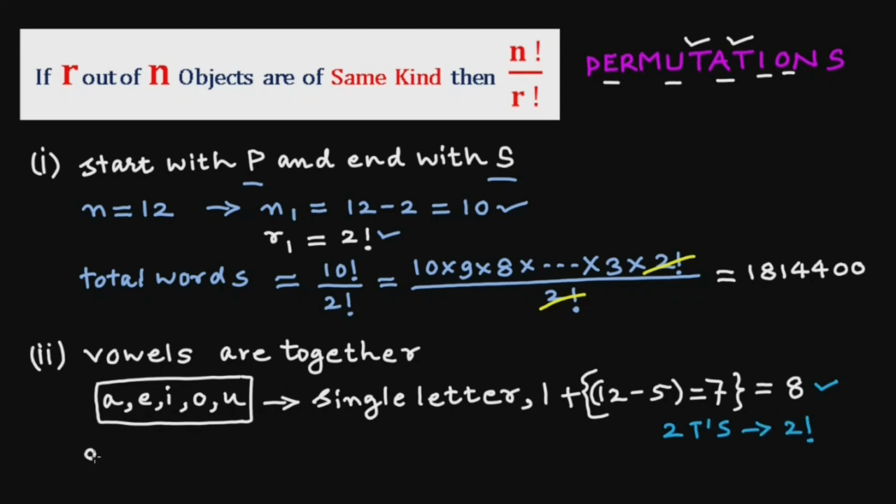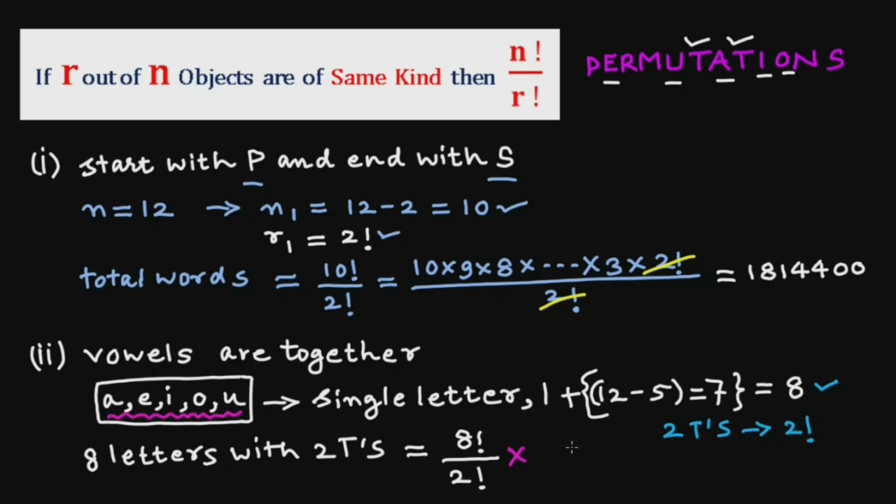So these 8 letters with 2 T's will form words equal to 8 factorial upon 2 factorial, multiplied by these 5 vowels, which will interchange between themselves in 5 factorial ways. So this total calculation will work out to be 2419200.